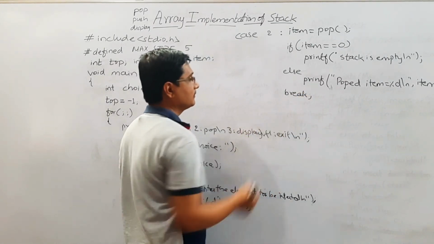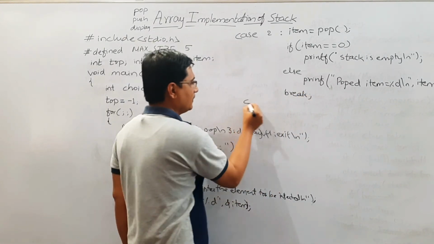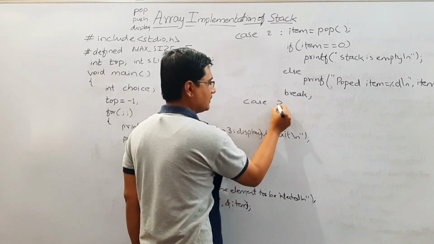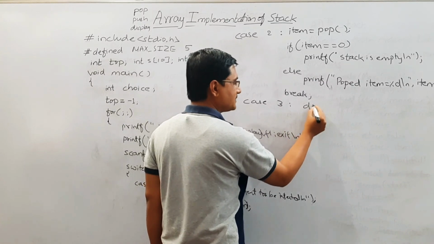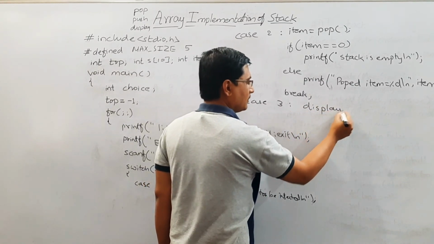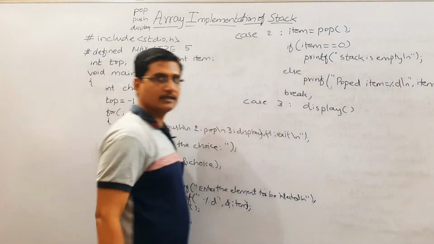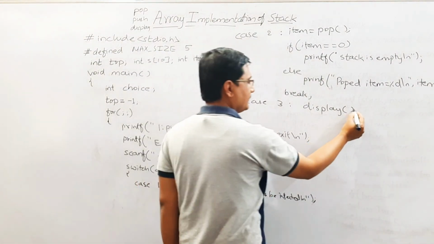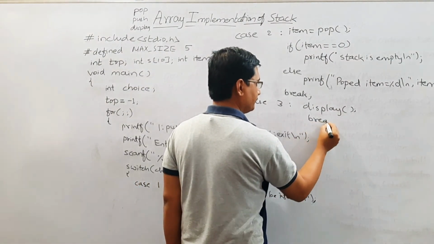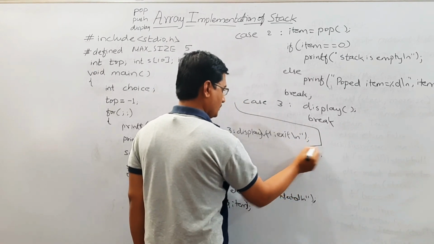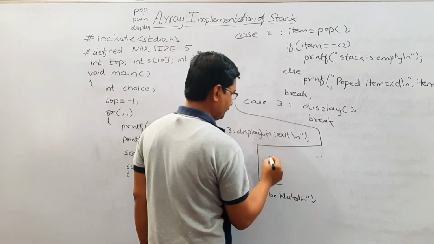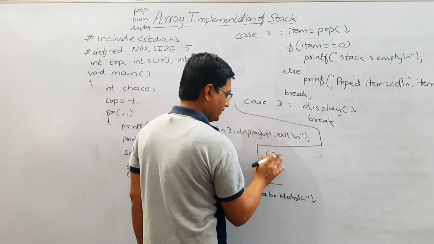That's all for popping. Case 3, that is choice 3, is what? That is display. Just we need to call the display function, what we have developed. Then break. Else default.